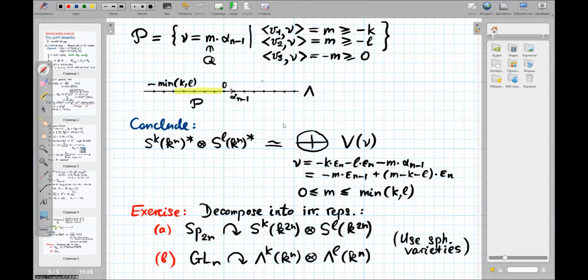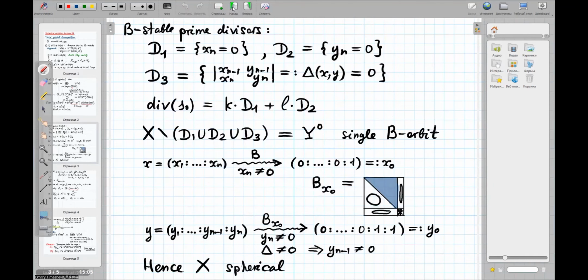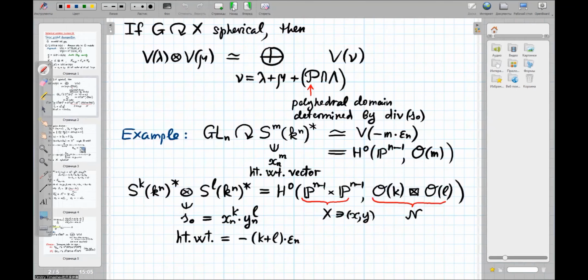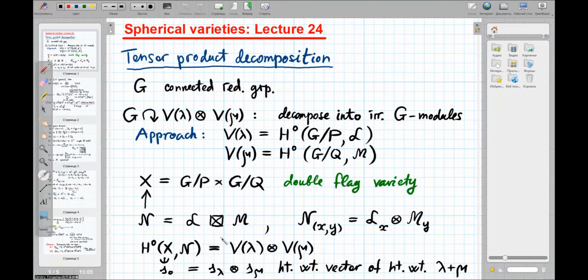Maybe I will add a bit more about this tensor product decomposition problem. What I want to add is that, as we have seen, this method of decomposing tensor products works well if the double flag variety is spherical. What we have discussed here, we did not use sphericality at this stage, so this is more general.